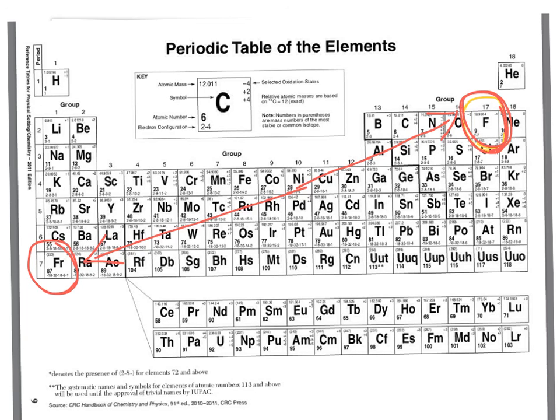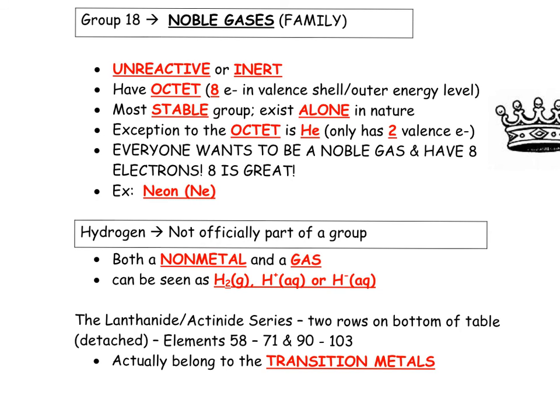You're probably saying to yourself, what about these guys over here? How come it's not in the upper right-hand corner? Why is it not neon or helium? The reason being is those last group right there are called the noble gases. Noble gases are unreactive or inert gases. What that means is they already have their 8 valence electrons.